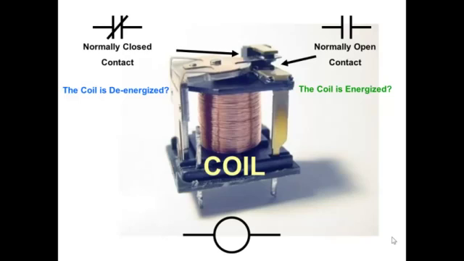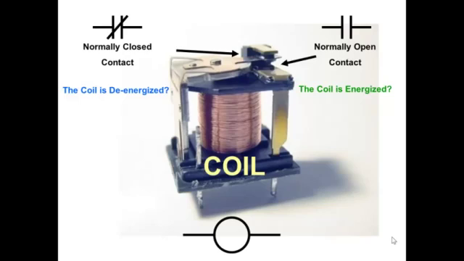So the coil then represents the state collectively of those 3 switches. So if in someplace else in the relay logic you want to query that coil to see if those 3 switches are all closed, then you would use the normally closed contact to ask the question, is the coil de-energized?